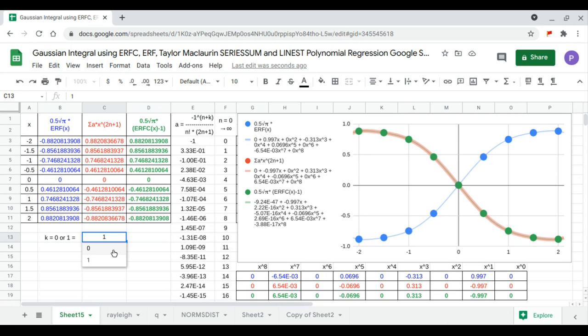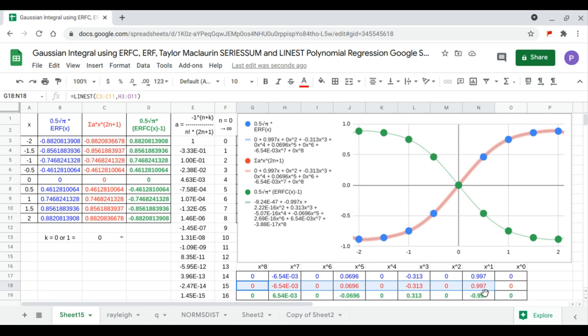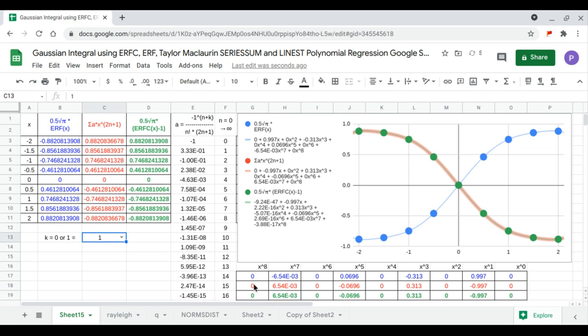At k equals 0, the red is on the blue. The expansion approximates the error function. If k equals 1, the expansion approximates the complementary error function.